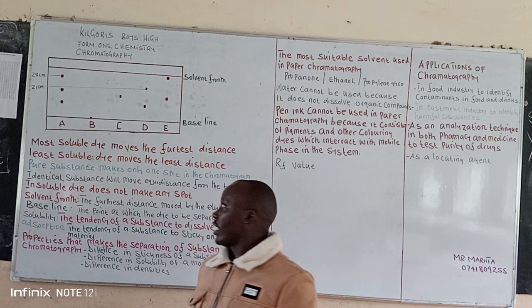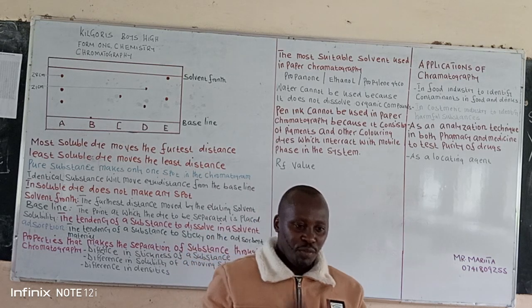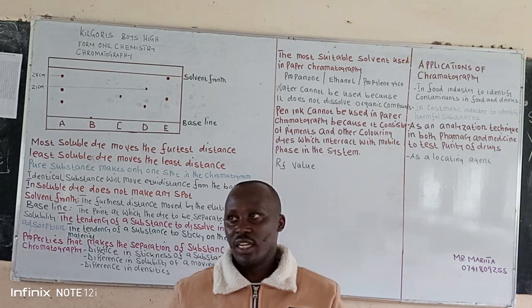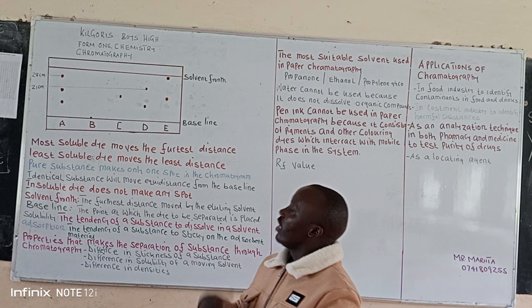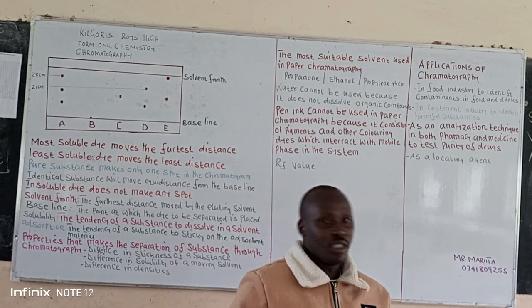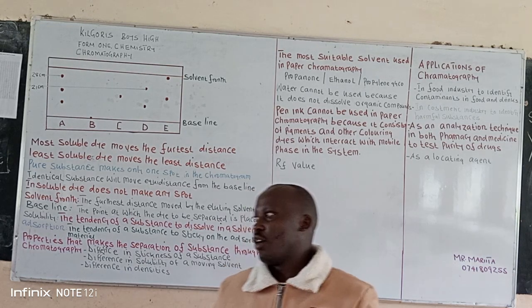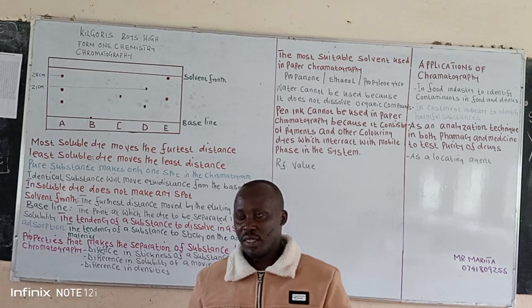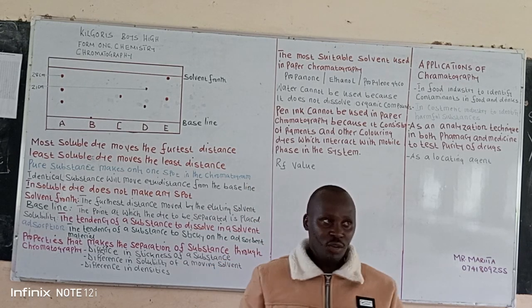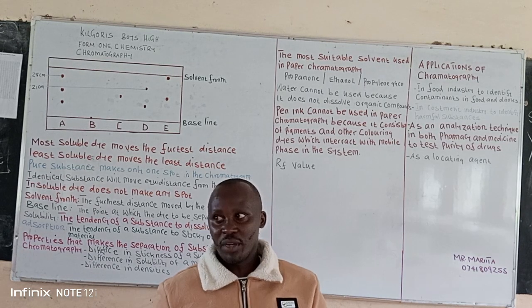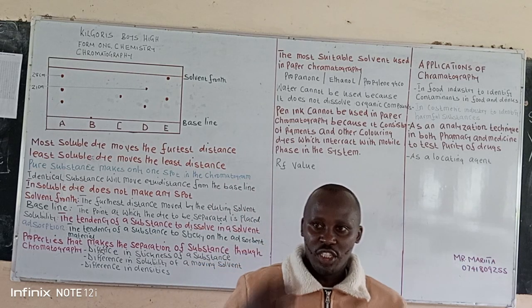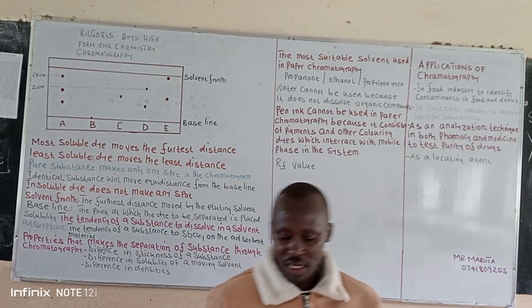Today we are looking at Form One work. Our topic is classification of substances, and in this case we are talking about methods of separation of substances. Today we are looking at one method of separation of colored substances, which is called chromatography.